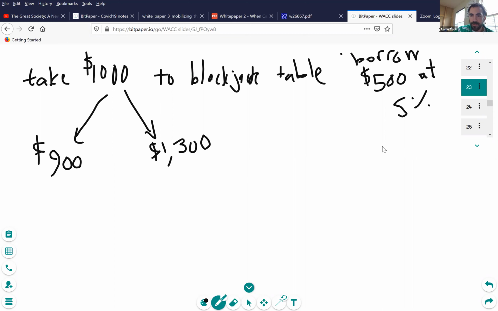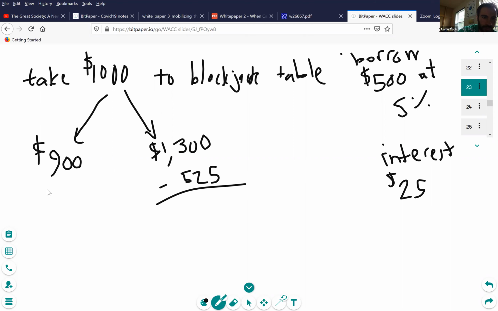You have to pay back the 500 that you borrowed, and the interest is $25. So 525 of these winnings have to be paid back to the people that lent you money to play blackjack. So you have to subtract 525 from each of these numbers.